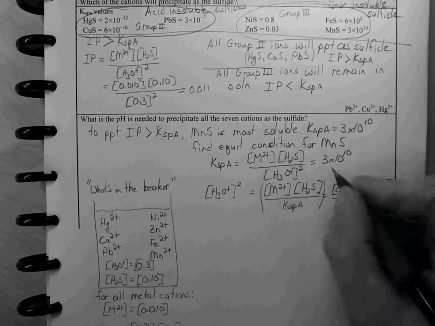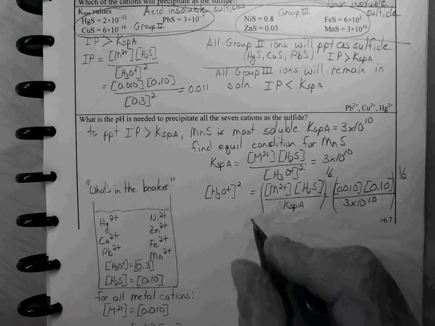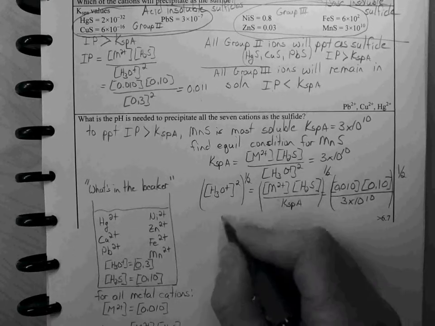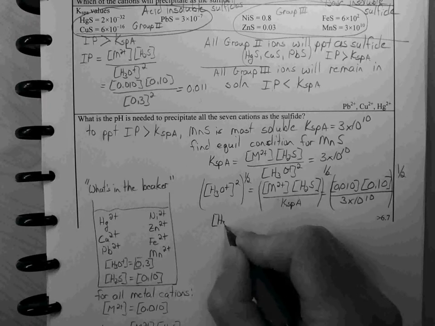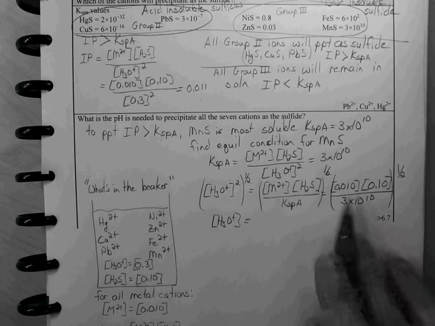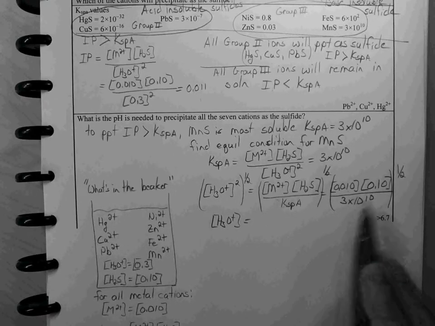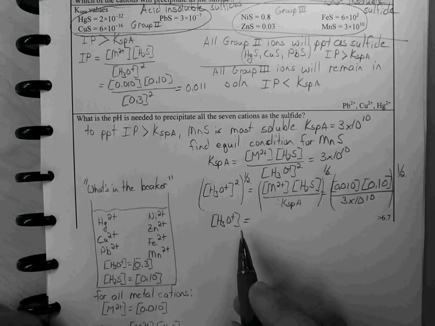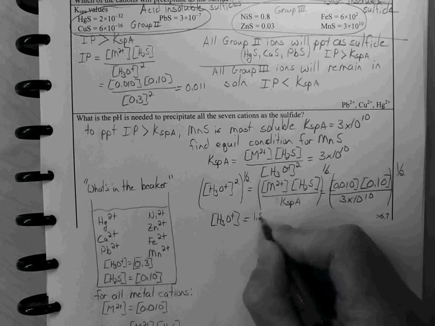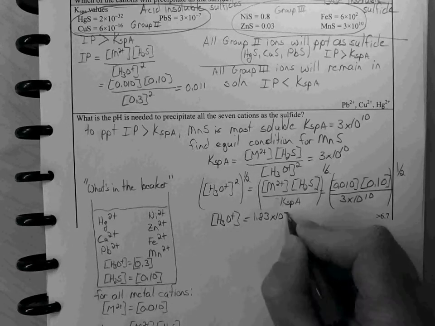So we want to take the square root of everything so that we can find H3O+. Alright, so we multiply this out, this times this divided by our KSPA, take the square root. We find that the H3O+ ion concentration at equilibrium is 1.83 times 10 to the minus 7.